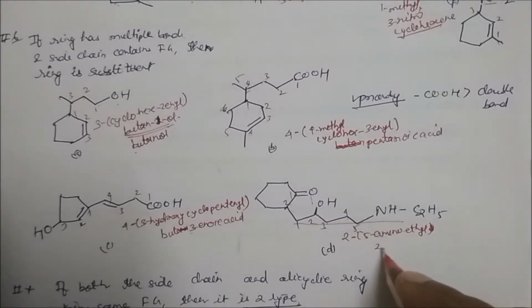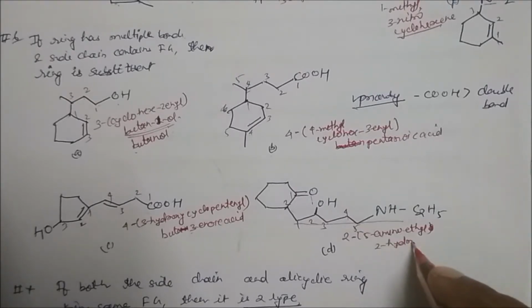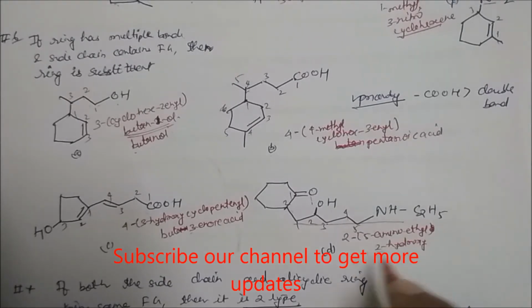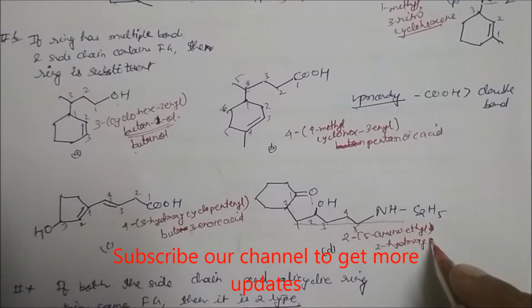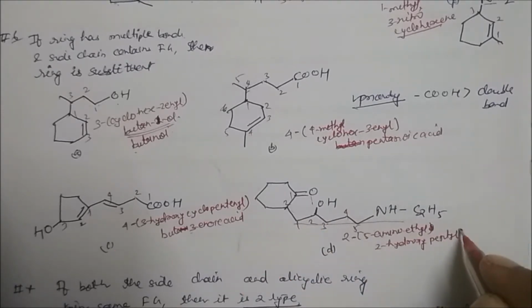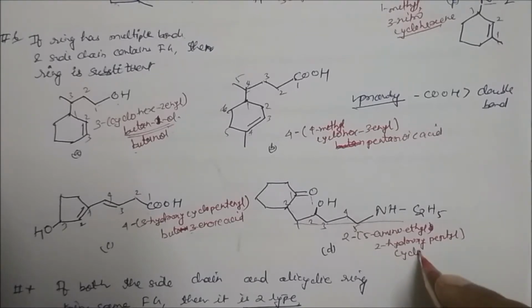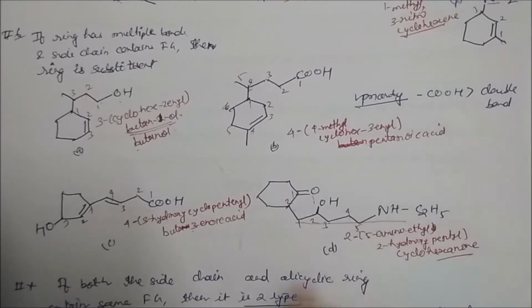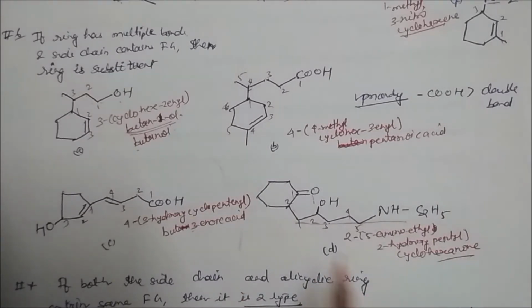Again we write 2-hydroxy, and it is pentyl, right? So 1, 2, 3 is pentyl, and then cyclohexanone. Now this is a little bit difficult, so just repeat this video and see each and every step, then you will understand without any problem, right?